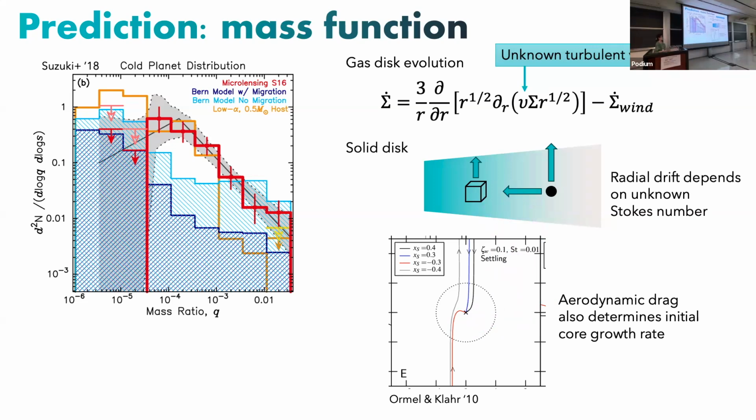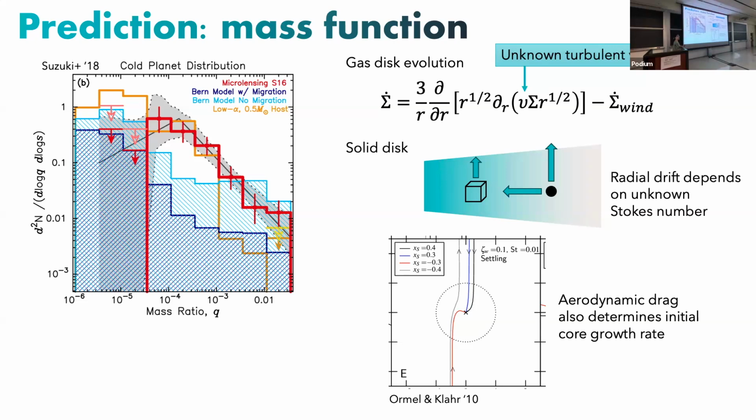Furthermore, once you form these planets, then these planets are expected, as I briefly mentioned, to interact with the disk gas and drive off waves, and that perturbed gas will feed back onto the planet, cause a non-zero torque, and that is expected to cause a radial migration of the planet.